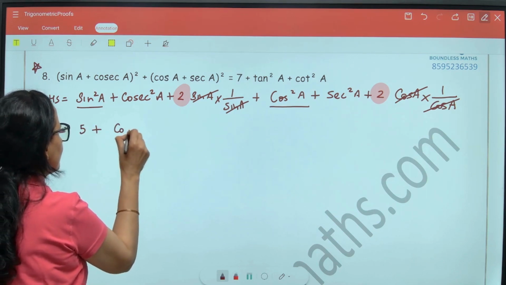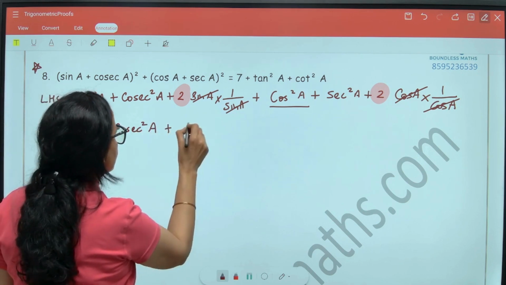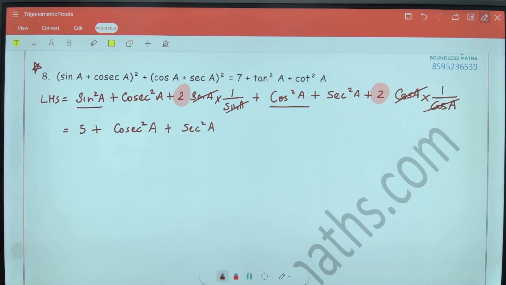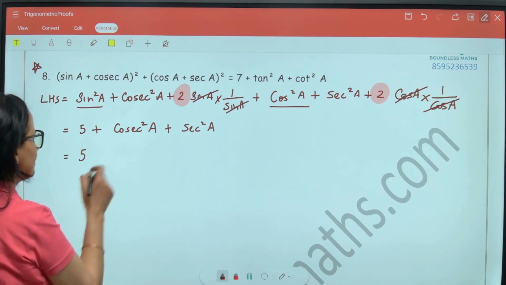Next what I am left with is cosec²A plus sec²A. Now when you are doing this, on the right side you have tan² plus cot² and left side is cosec and sec. So we have identity 2 and 3 to help us out here. So 5 remains as it is.